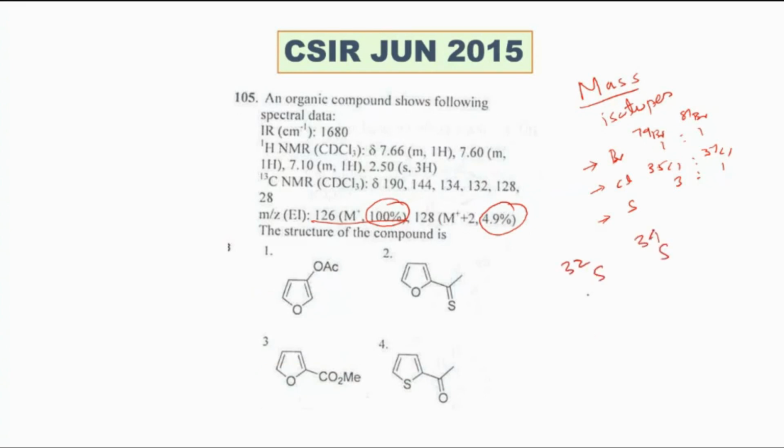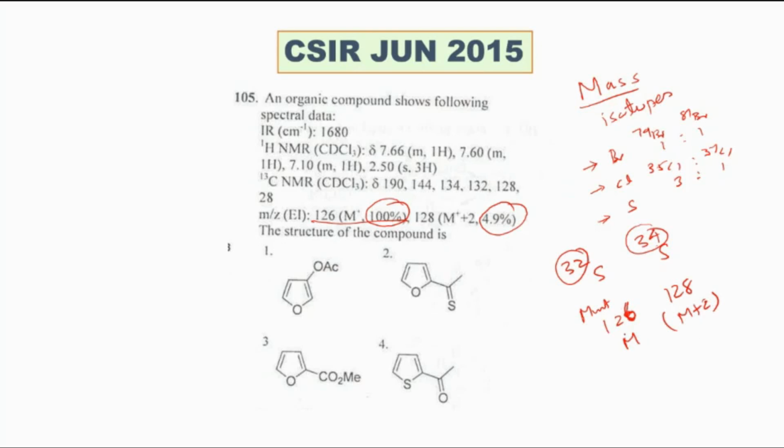If I calculate the molecular weight with sulfur 32, I have 126. Now, when I calculate with sulfur 34, the molecular weight increases by 2. Therefore, it becomes 128. This is known as the M peak and this is known as the M plus 2 peak. So whenever you have this M plus 2, you can be very sure that it is isotopic.